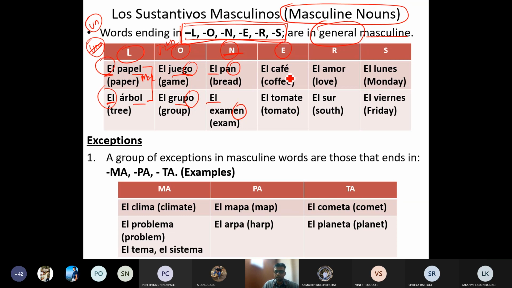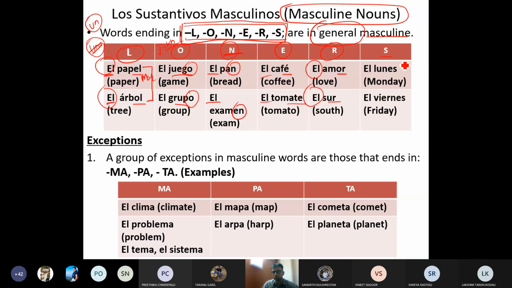Ending with the letter E, so it is cafe, as there is an accent on the letter E, and then tomate. So el cafe and el tomate. Then ending with the letter R, amor and sur. You can see the article el is also used here.